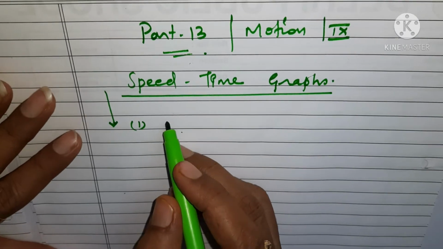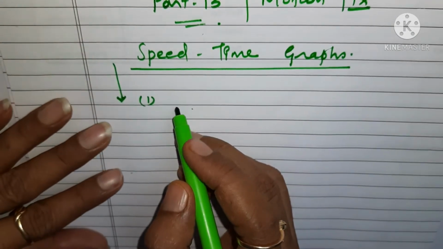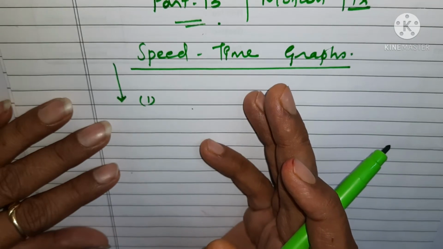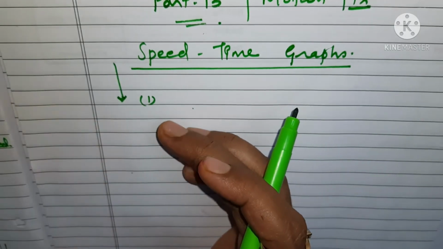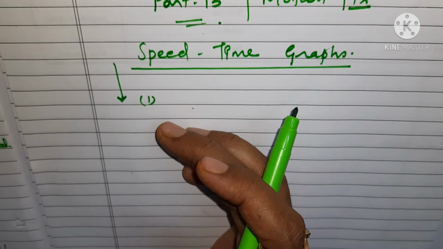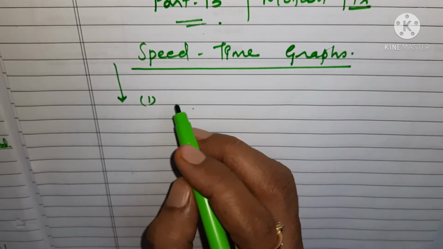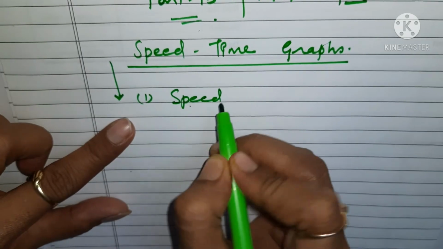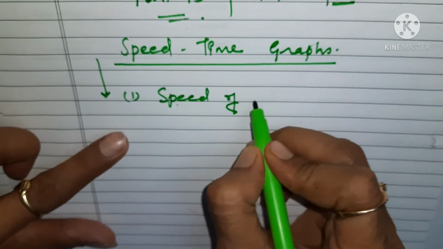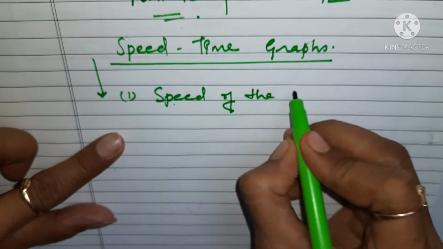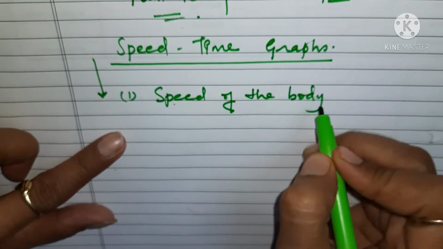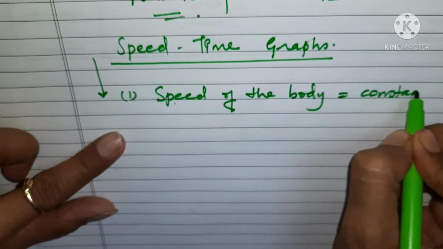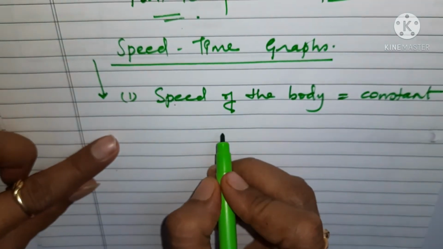The very first case is when a body is moving with constant speed. When the speed of the body is constant, what type of graph are we going to get?